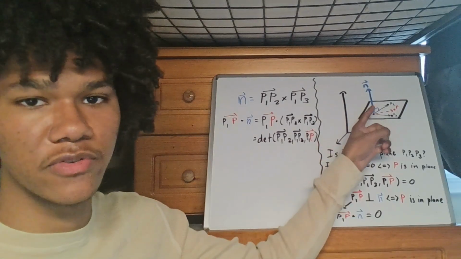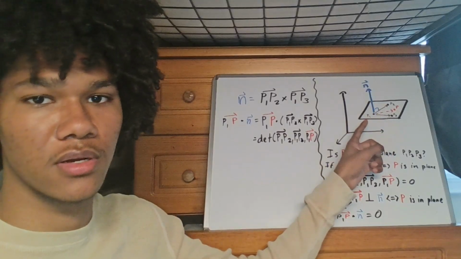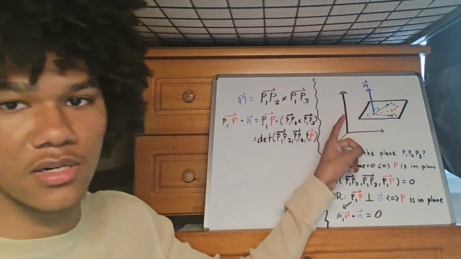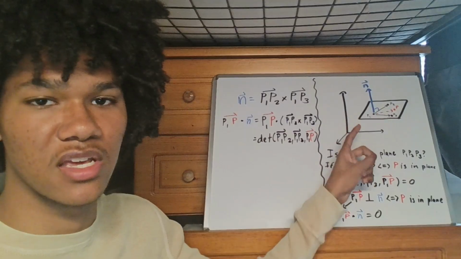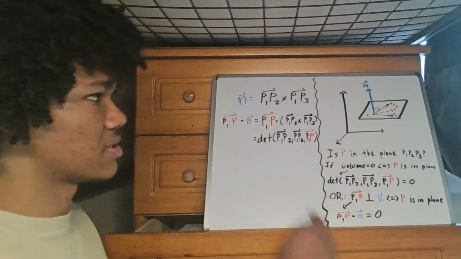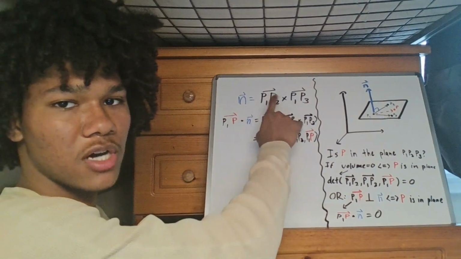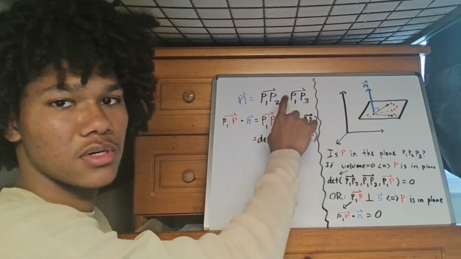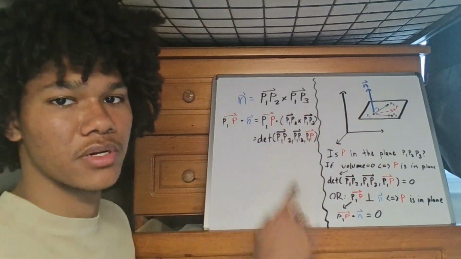So if we know two vectors that are coplanar, the normal vector of the plane is the same as the cross product between the two coplanar vectors. What that means is vector n is equal to the cross product of P1P2 cross P1P3.